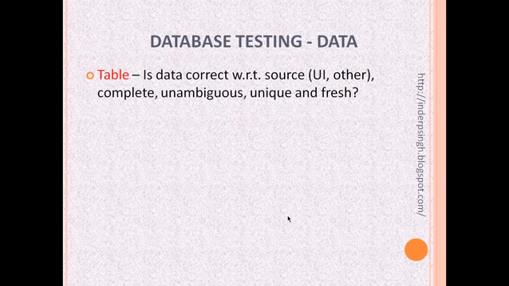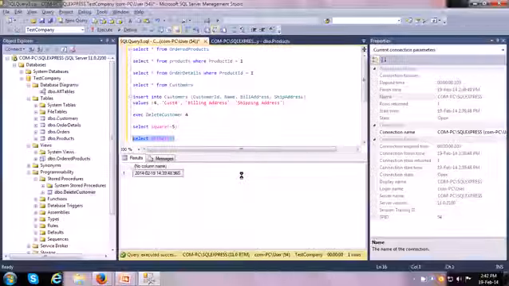The source data can be what data the user has entered, or what data existed in the other system or source that has been migrated here. Then the data has to be complete. The data should be unambiguous, and it should be unique. That means that there should not be any duplicate rows in the table, and obviously the data has to be fresh. So let us see an example of this one.